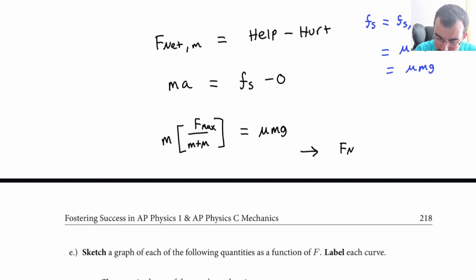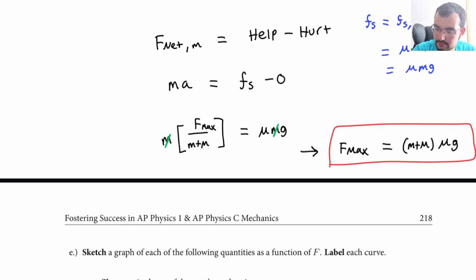So this gives us F max equal to, let's see, the little m would cancel, and then I need to multiply by m plus m, so F max would just be equal to m plus m times mu g. So it does make sense that we're limited by this frictional coefficient and the masses that we have to accelerate.